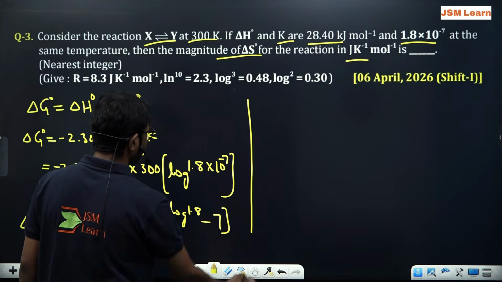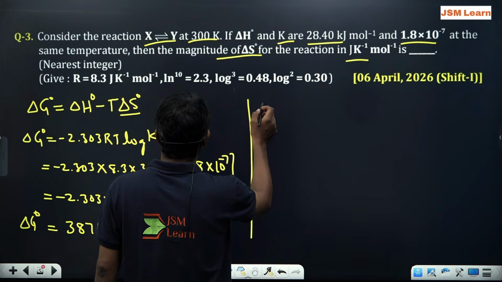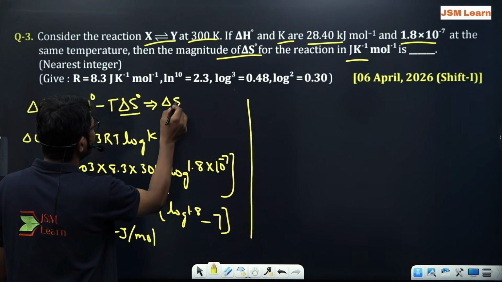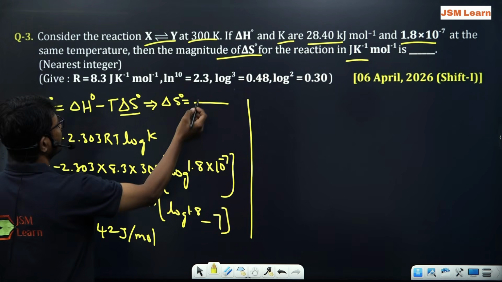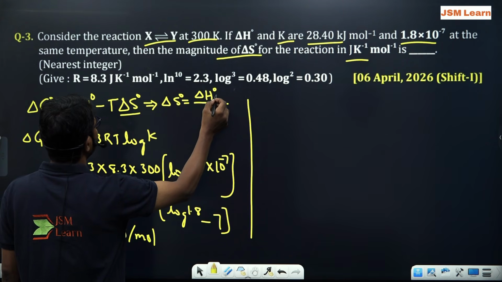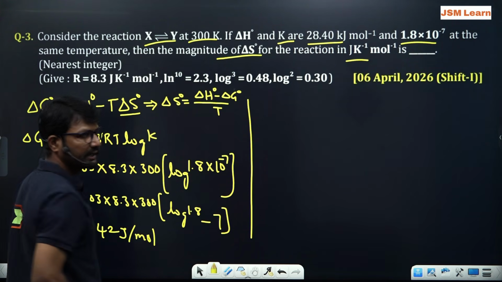So now on substituting this value, we can write the formula as delta S naught is equal to delta H naught minus delta G naught upon T, temperature.